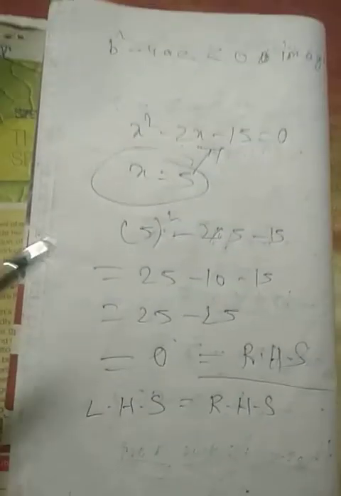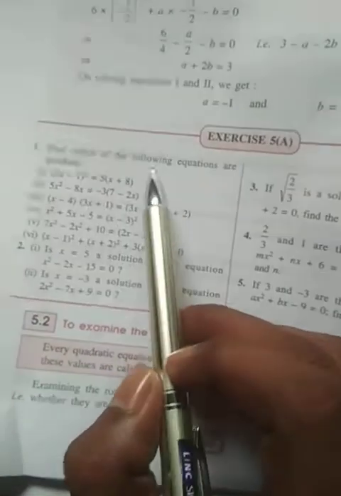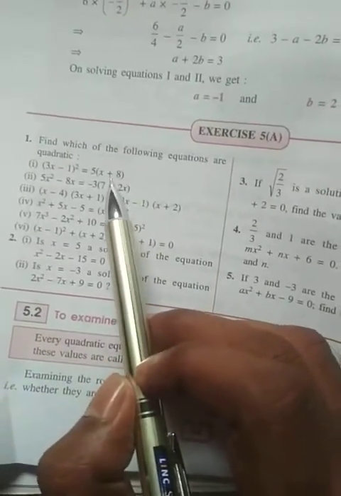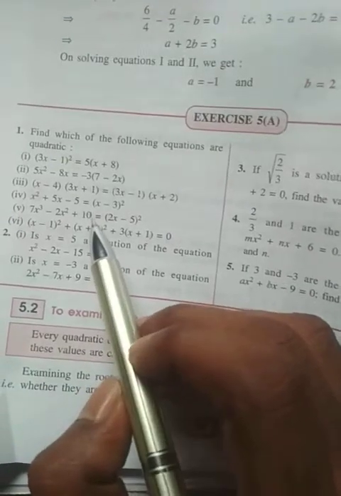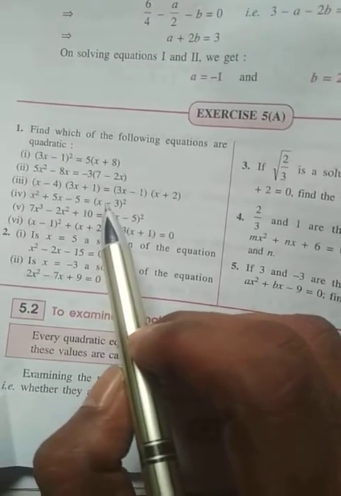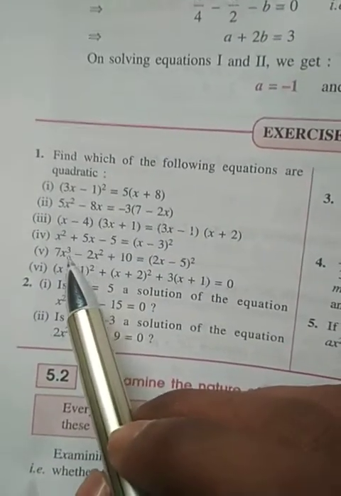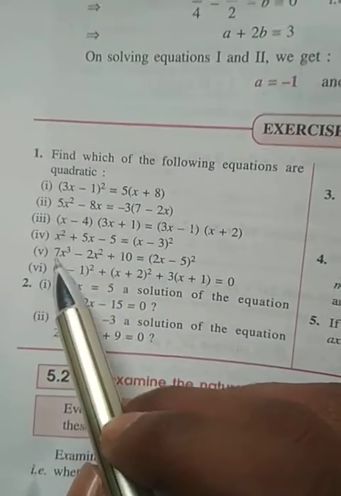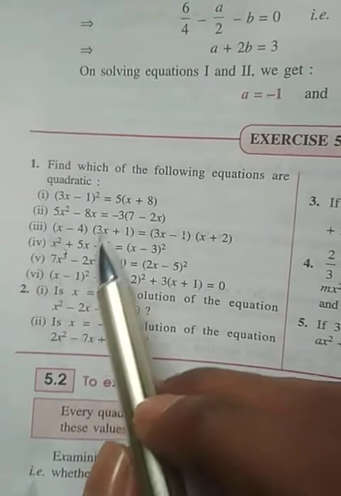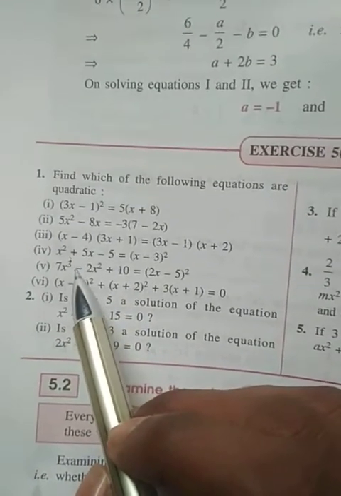Okay, let's check out the first exercise. Look at the book. It is said in the first question, check whether this is a quadratic equation or not. That is not very important. You don't have to solve that. Here you can check it out. Number 5, as there is x cube, the highest power is 3, not more than that.